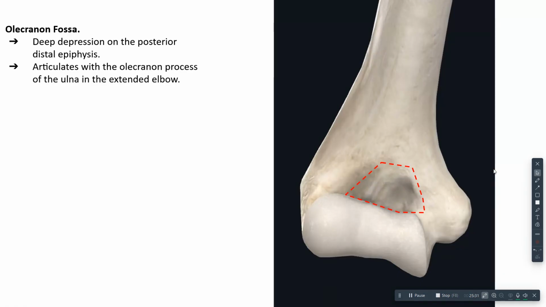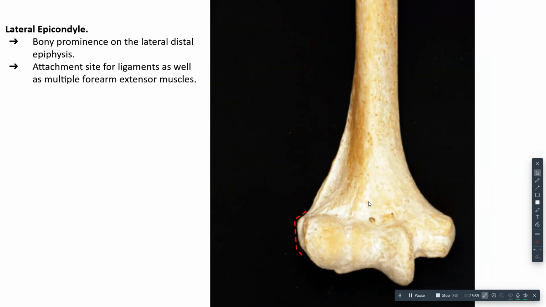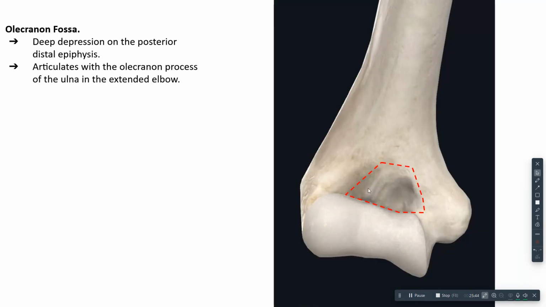Excellent. I spun this bone over because on the back we have a deep concavity. I don't have a deep concavity here because this is the front, but on the back I have a deep concavity that is called the olecranon fossa. So it is the depression that is going to receive the olecranon process of the ulna.